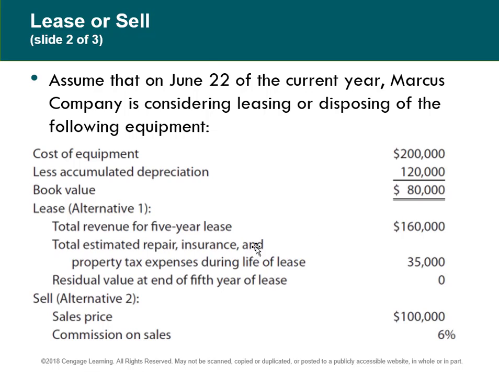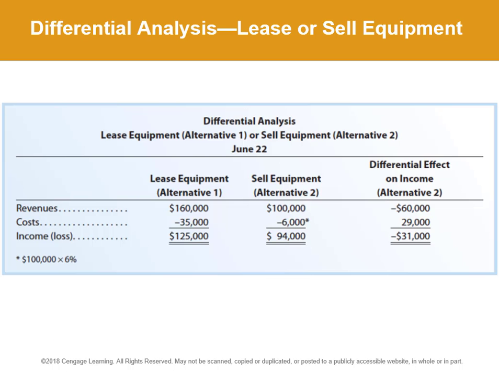It's a little bit tricky here. I've never seen this type of analysis done, especially over a 5-year period, without using present value, but they don't have any in here, just so that you know. If they lease it, they've got $160,000 in revenue.